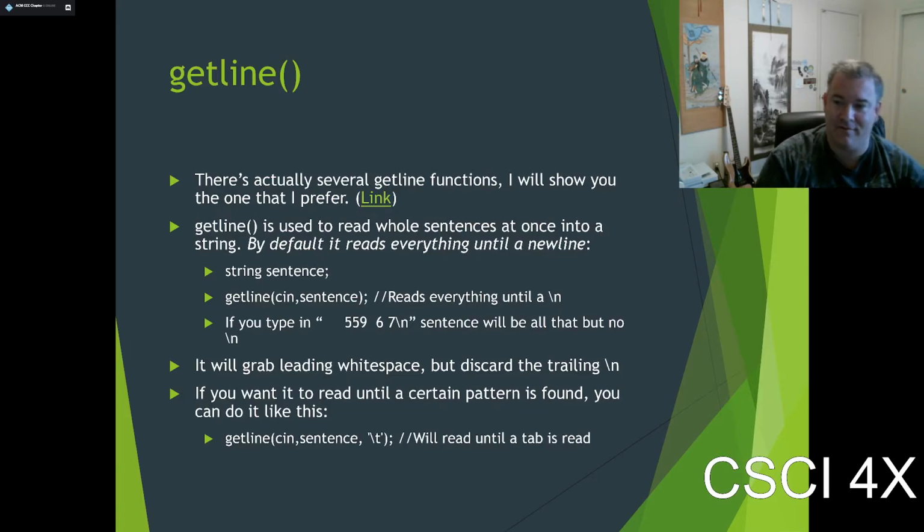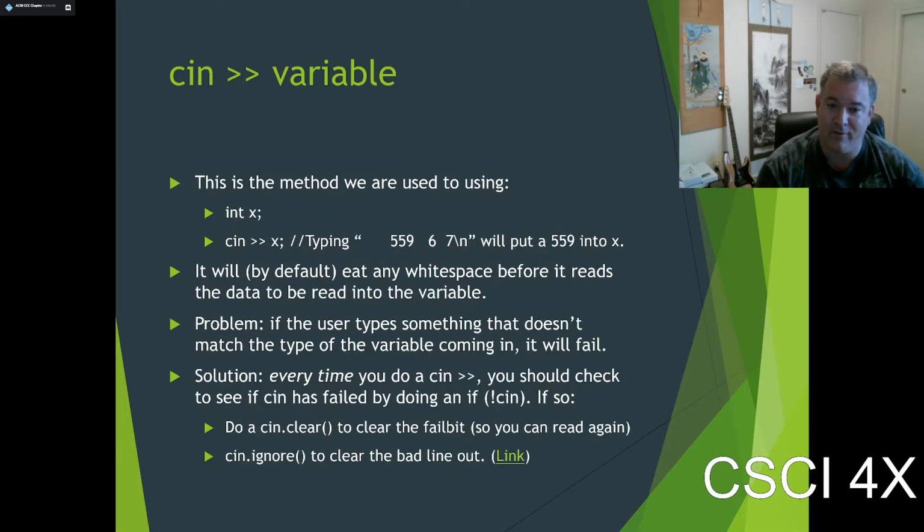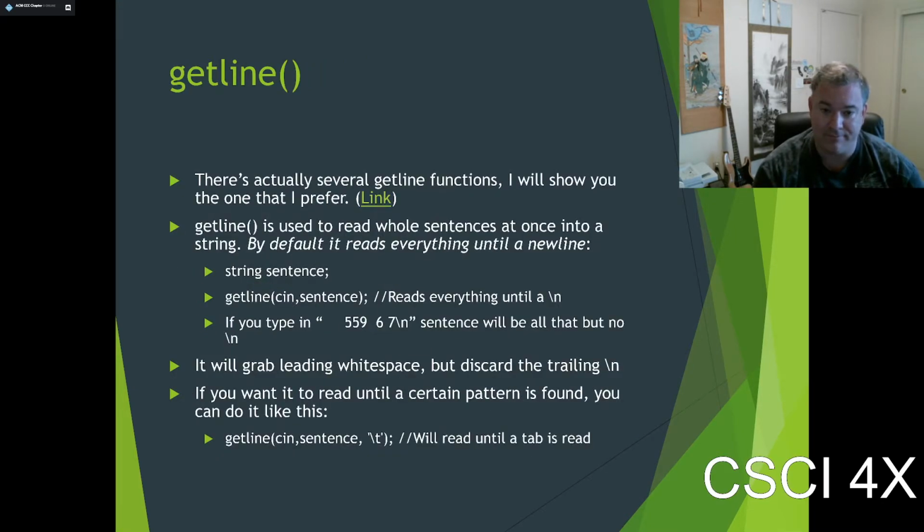So getline has to consume the newline after it. But double left arrow doesn't, because it doesn't mess with anything after the variable. And so combining these two things just causes conflict and contention. You generally want to stick to one or the other, unless you know what you're doing.